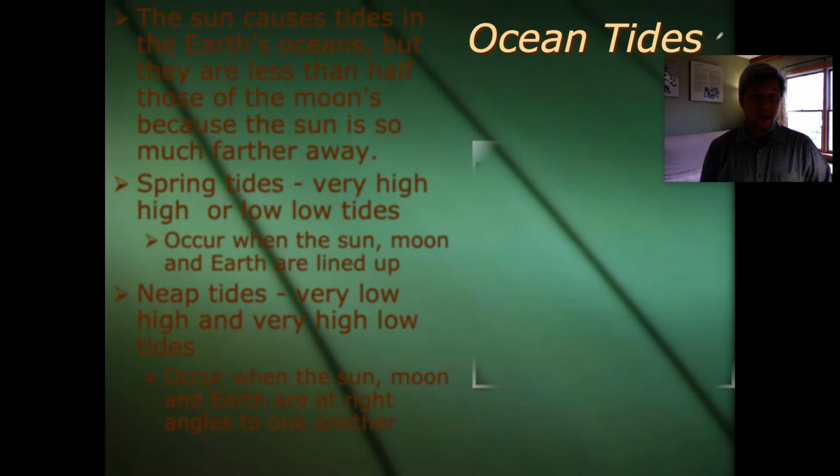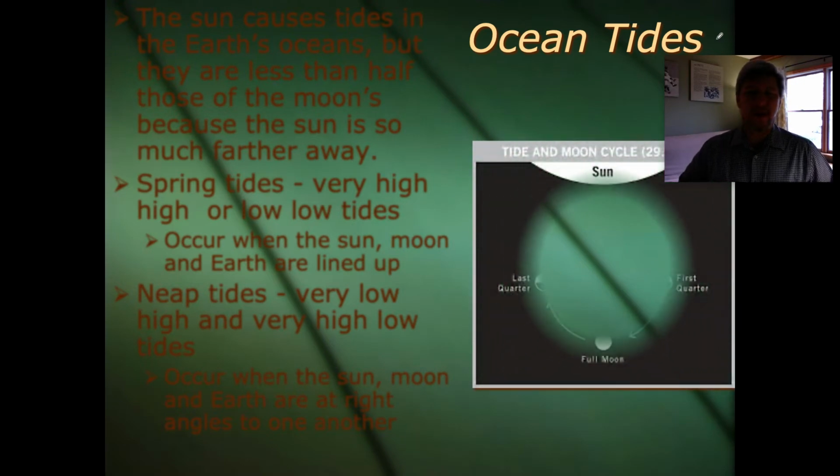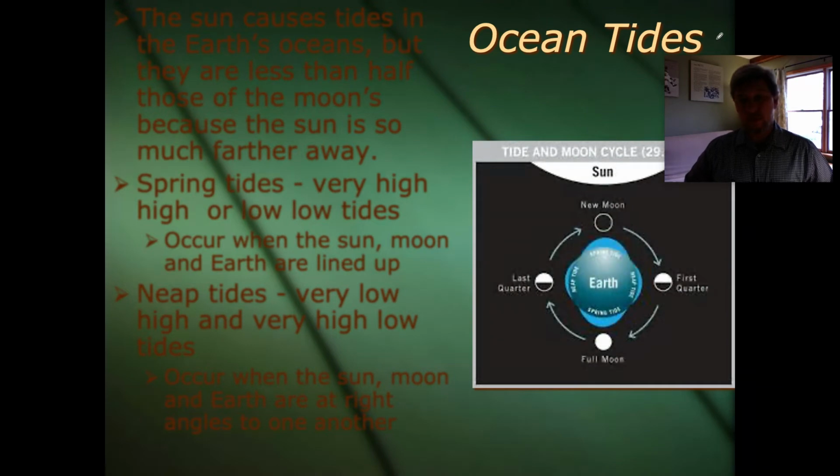Remember, the sun has a huge mass compared to the mass of the moon or the mass of the Earth. And so, although the moon is much closer and therefore has a much greater effect on the Earth's ocean tides, the sun still plays a role in some of this.